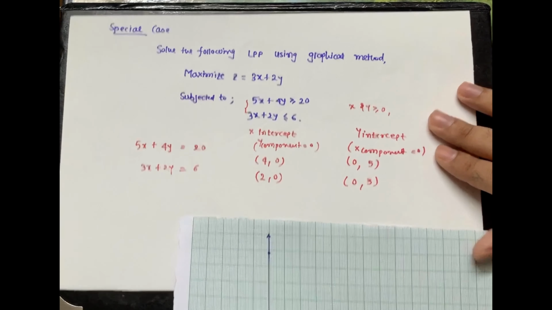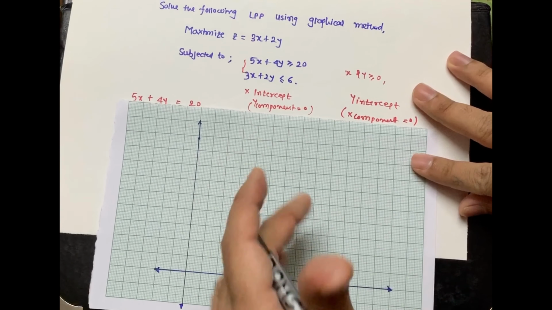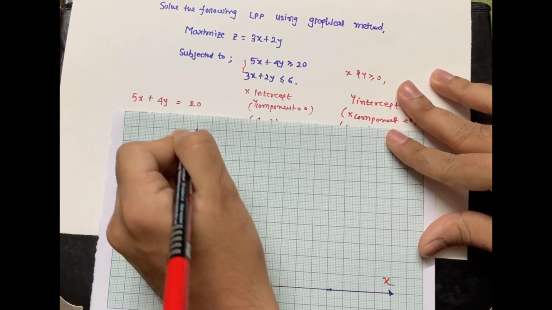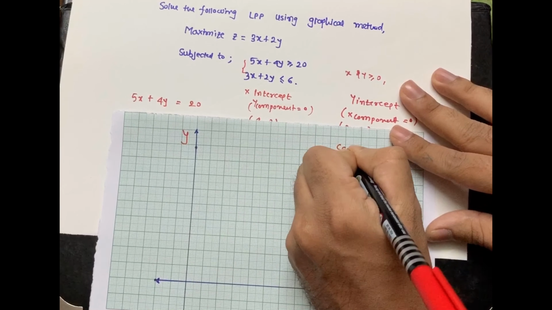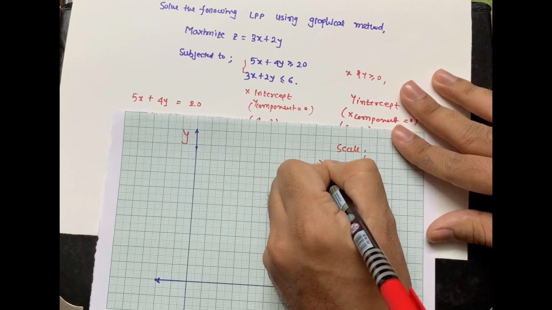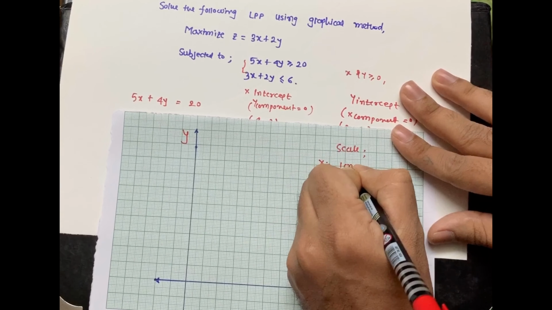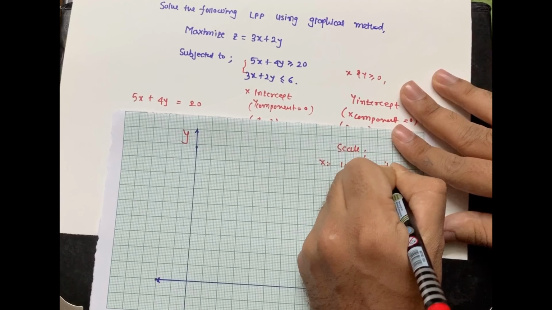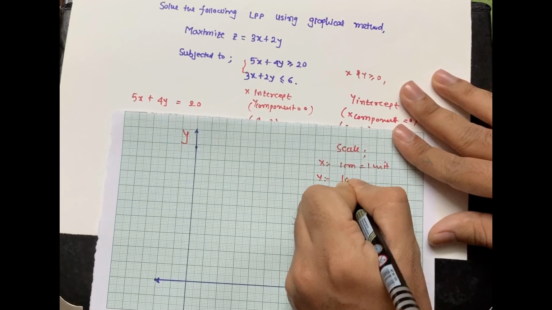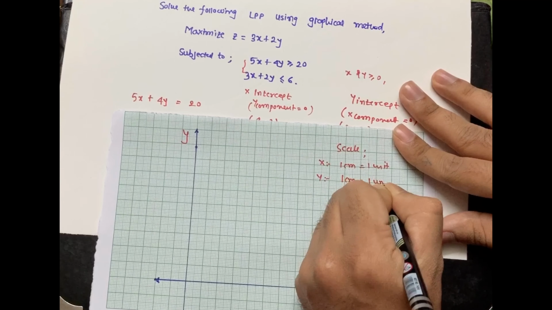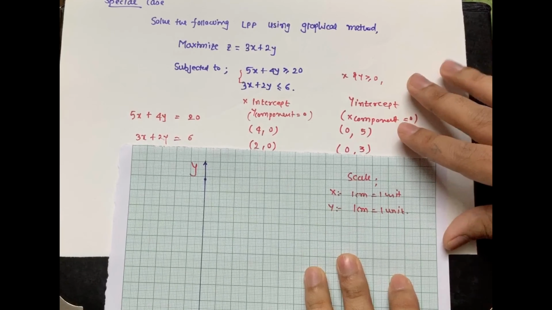So plot them on a graph. This is my x, this is my y. For scale, I take x as 1 centimeter equals 1 unit, and y the same, 1 centimeter equals 1 unit.